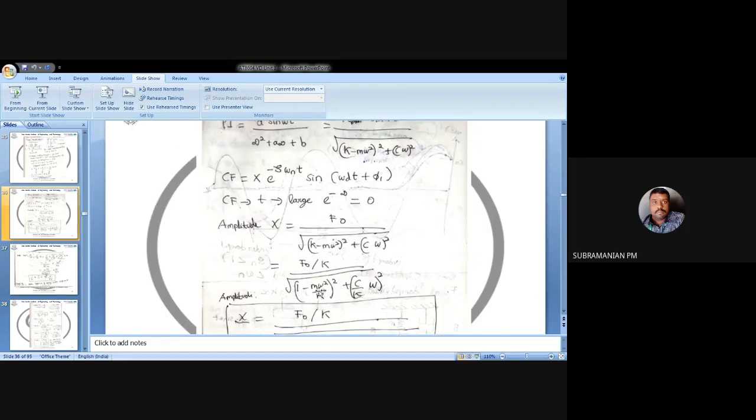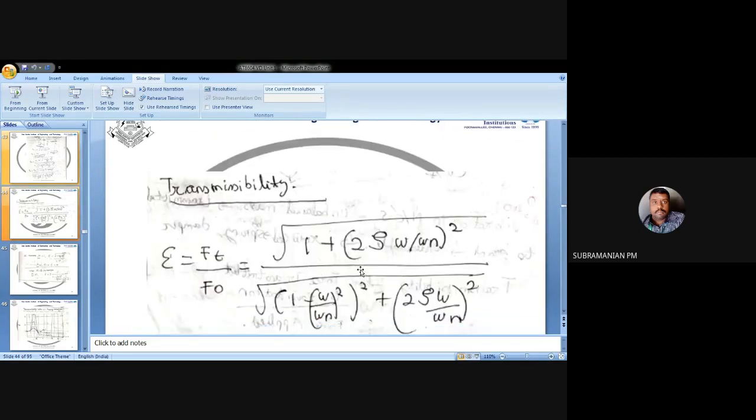I am not going to divide it by K here, I am going to write the first format: F naught over root of ((K minus M omega squared) squared plus (C omega) squared).